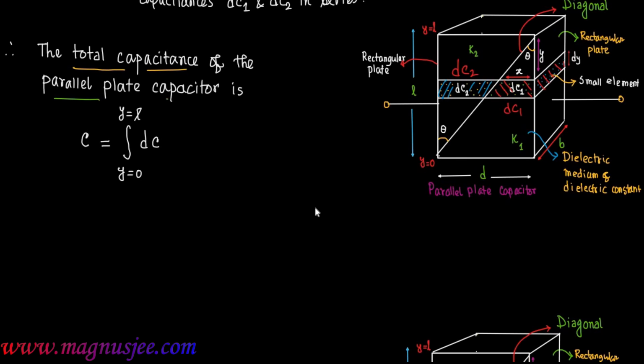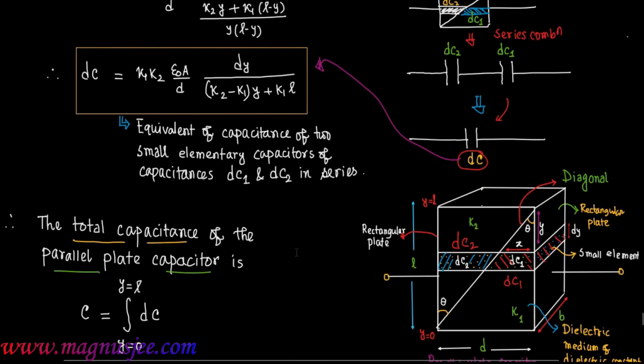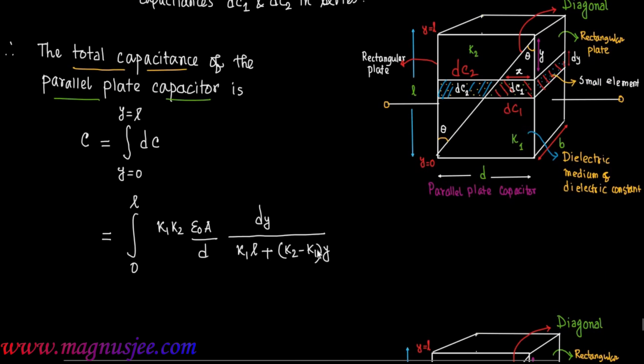Therefore, the total capacitance of the parallel plate capacitor is C equals integration 0 to L of dC, equals integration 0 to L of k1 k2 epsilon 0 A divided by d, dy divided by k1 L plus (k2 minus k1) y.